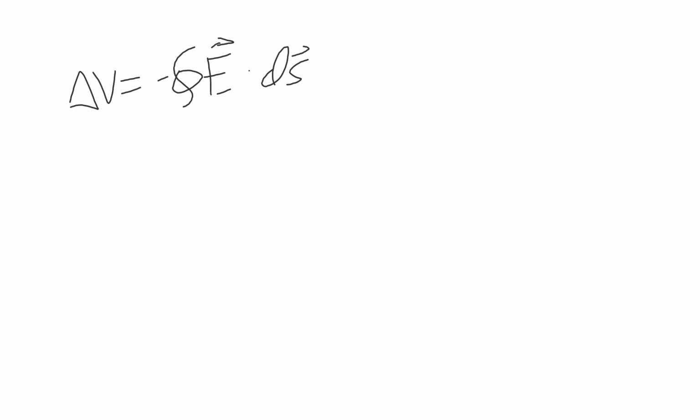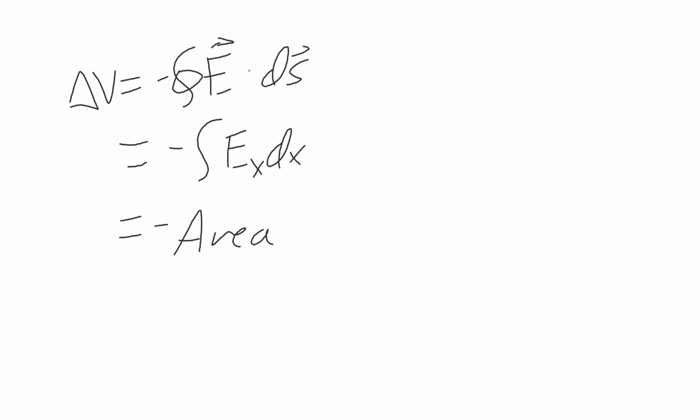Usually this manifests as either the negative integral of a one-dimensional electric field like E sub x dx, or the negative of the area. This is where I think people ran into difficulty on the quiz: delta V is the negative of the area of an E versus x, y, or z graph. So it's the area of the electric field graph that gives you delta V.